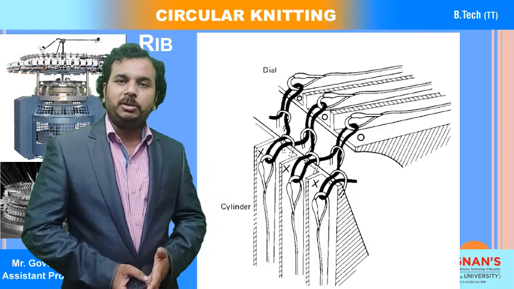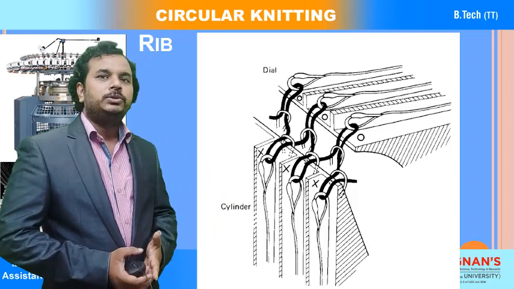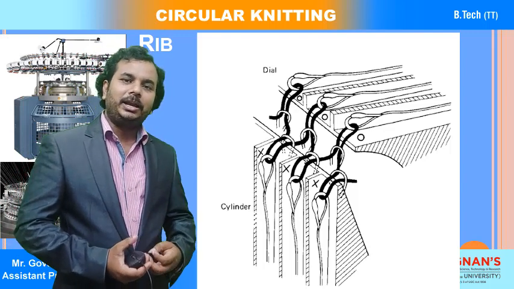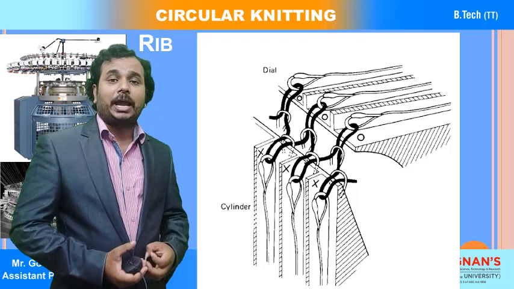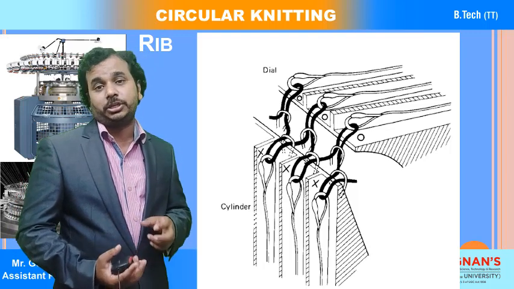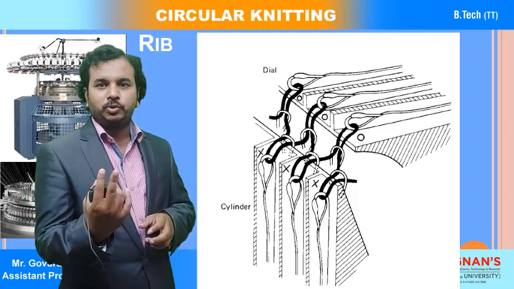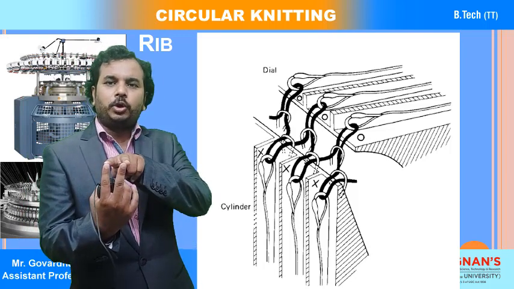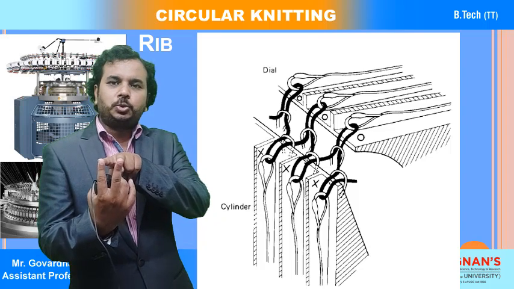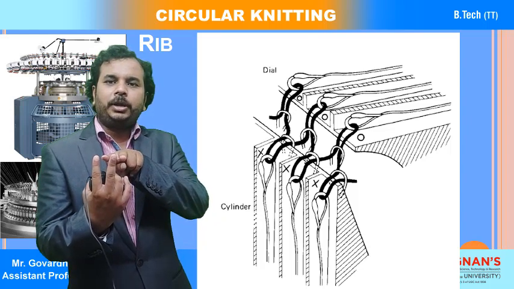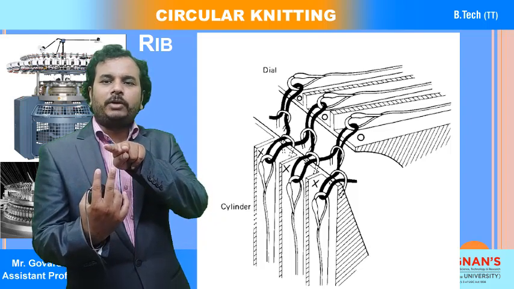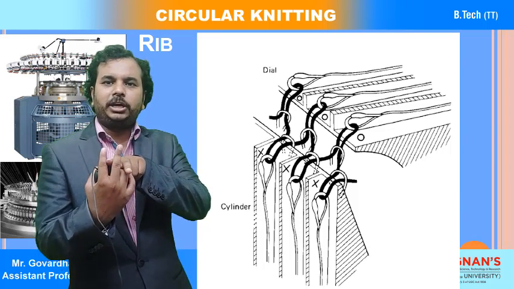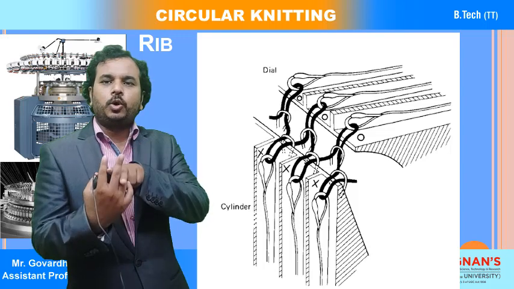Now you can observe the image which I have shown here. The needles in the needle beds are arranged in a staggered position. For example, say these two fingers are the needles of a cylinder, and the dial needles are not kept in the same axis; they are kept at the middle between the needles. Now if you move forward the needle of the dial and rise up the needles of the cylinder, there is no clash.